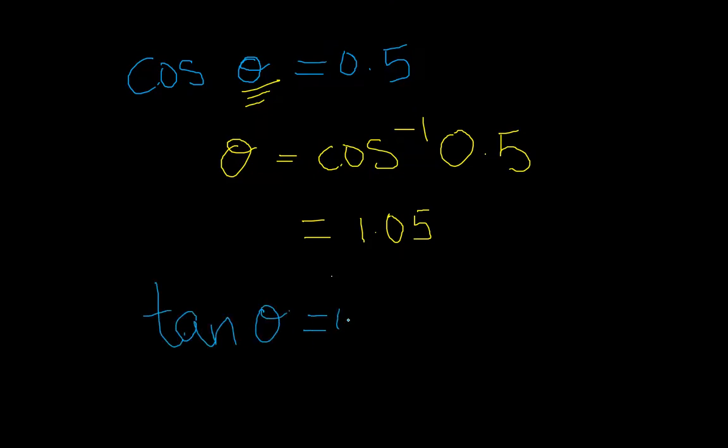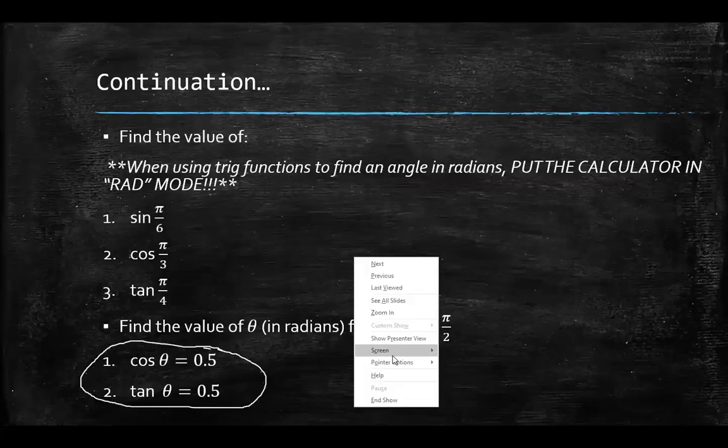Wait, Reese. I don't understand that part. Sine pi divided by 6. How is it a half? How do you get that? On your calculator. I keep working, but I don't get it. I get a different answer. Radian mode. Yes, Reese, radian. Sine pi divided by 6. Did you put your brackets?